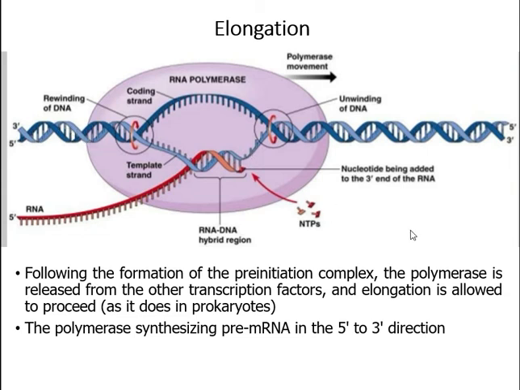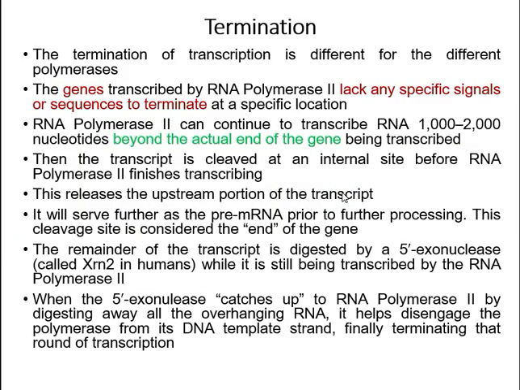Now we go to termination. This is also a bit complex compared to prokaryotes. The first thing is that there are already 3 types of RNA polymerases in eukaryotes: 1, 2 and 3. But here we focus only on RNA polymerase 2, because for all 3, the termination of transcription is different.